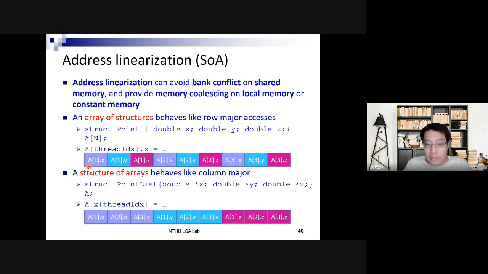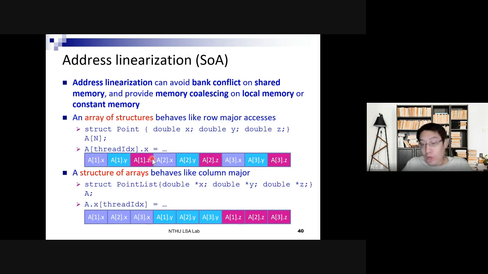And if the memory layout looks like this, then when you try to read X at the same time, the memory pattern is not linearized or consecutive, located next to each other, because you have a stride size of 2.